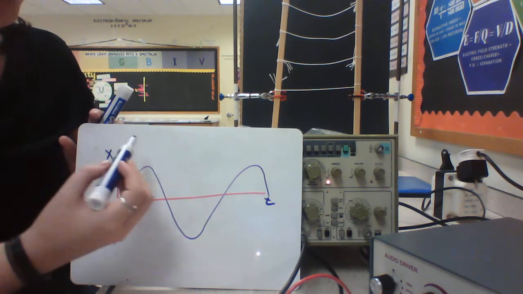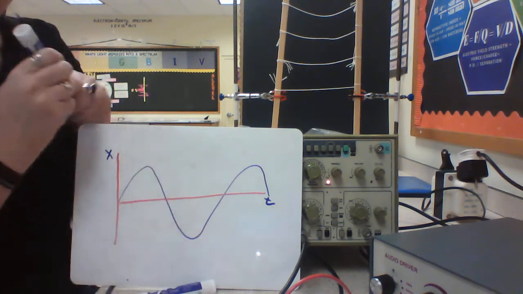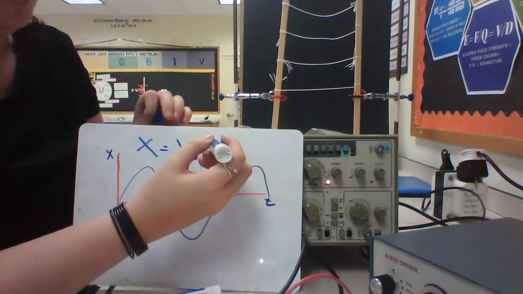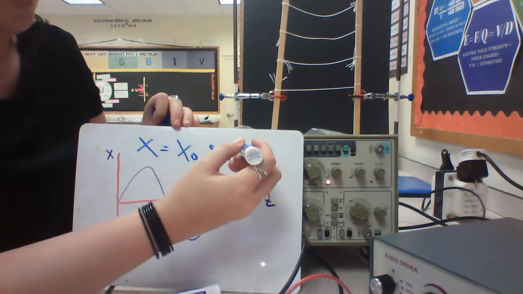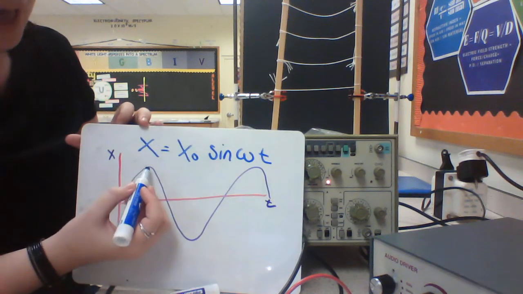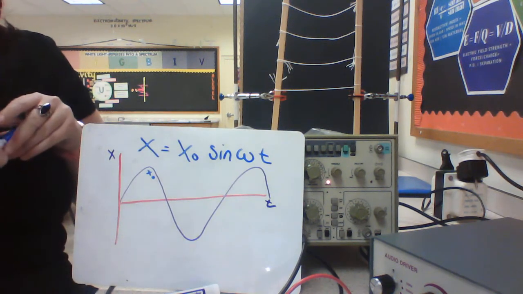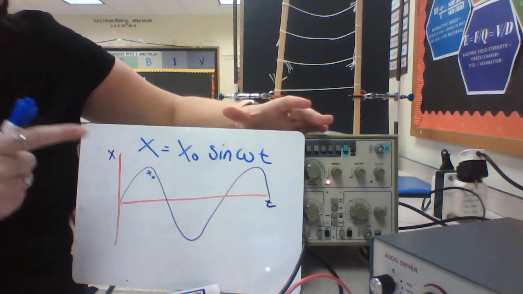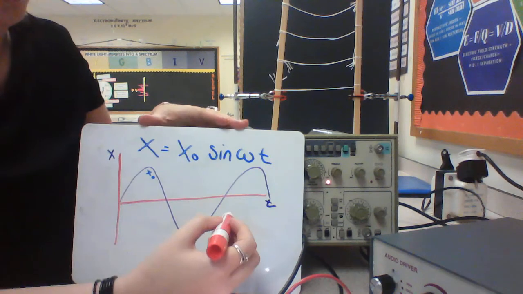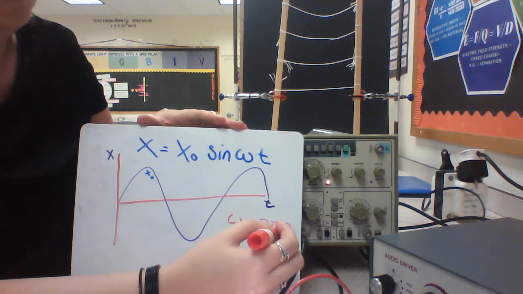If you remember our SHM equations, the equation of this sine graph is going to be x equals x0 sine omega t, where omega is the angular frequency. x0, if we remember, is the peak. Doesn't matter which peak, positive or negative, x0 is your amplitude. We also, if we remember, have omega equals 2 pi f.